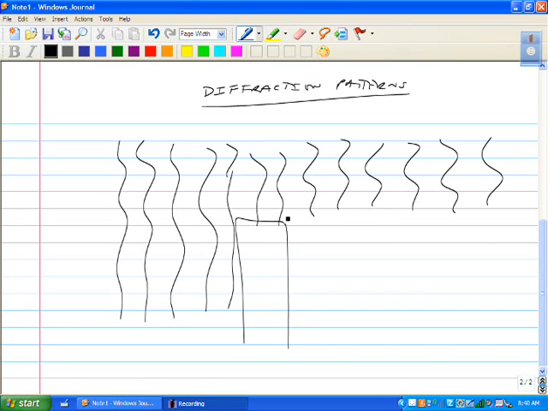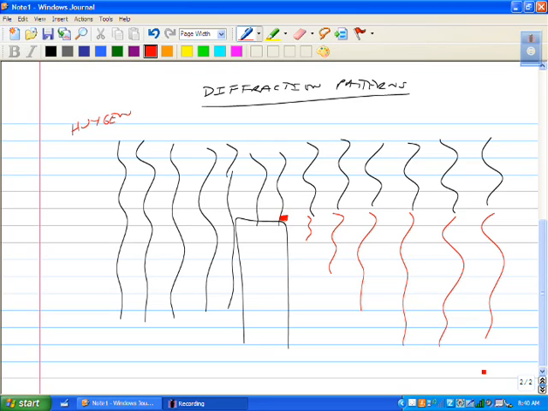But what you see in reality is, because of Huygens' principle, which just says that any part of a wave can be seen as the propagation of a new wave, right here this part of the wave creates a new wave. And so, instead, I see that. In other words, this wave bent around that barrier.